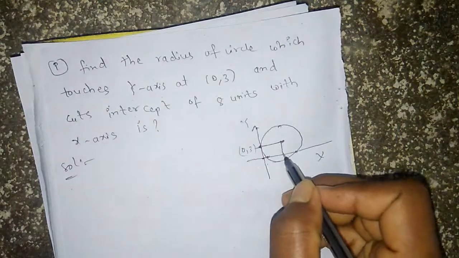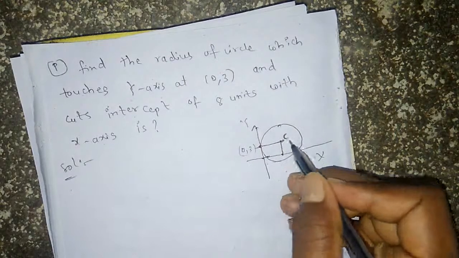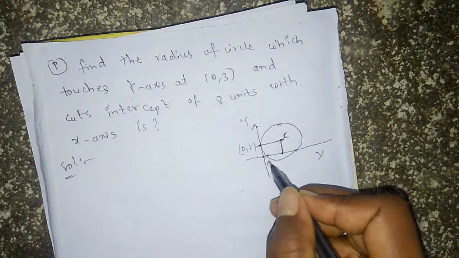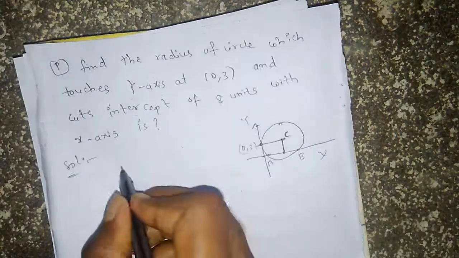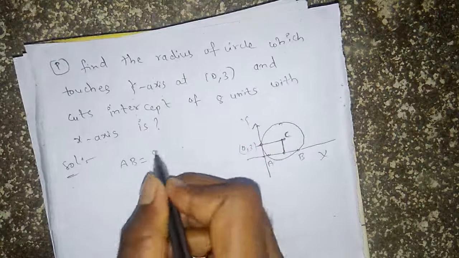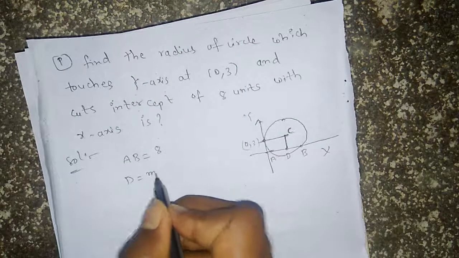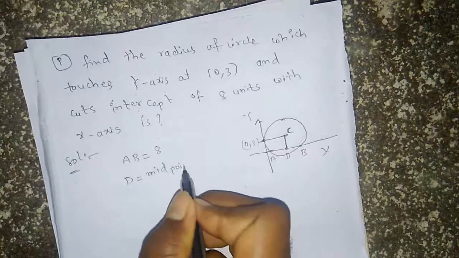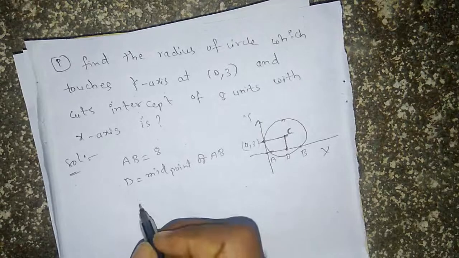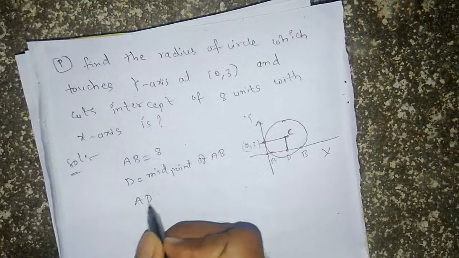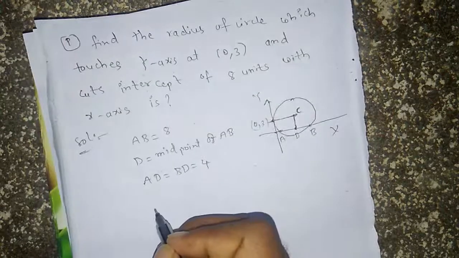This is center, so this will be the midpoint. Here let this be AB. Here AB is equal to 8. D is midpoint of AB, implies AD is equal to BD is equal to 4.